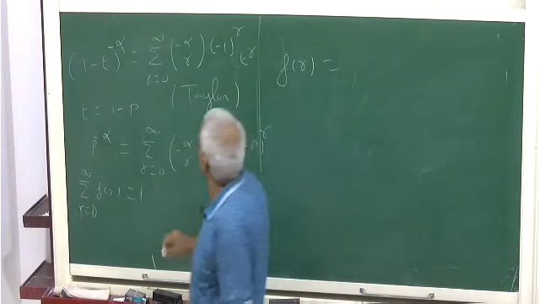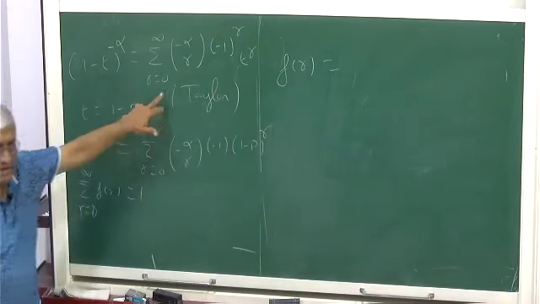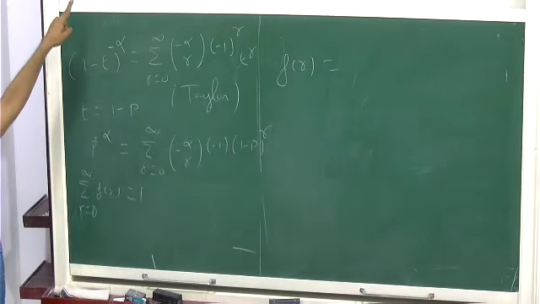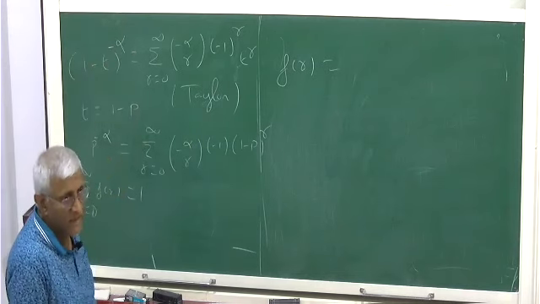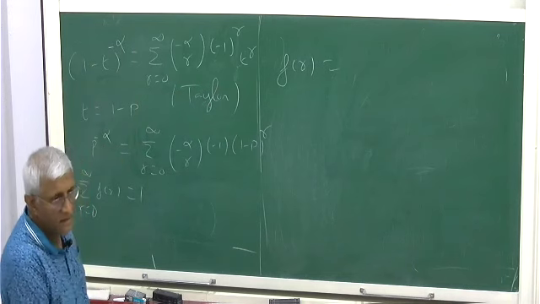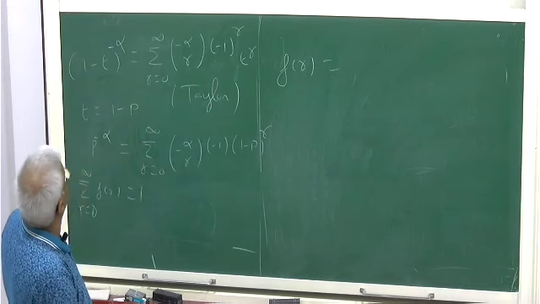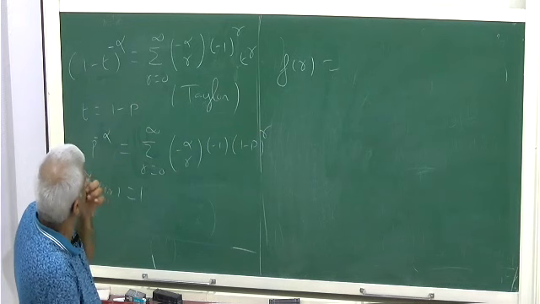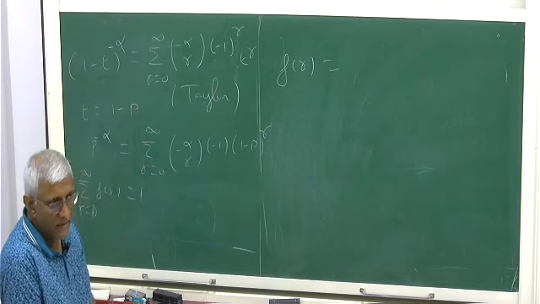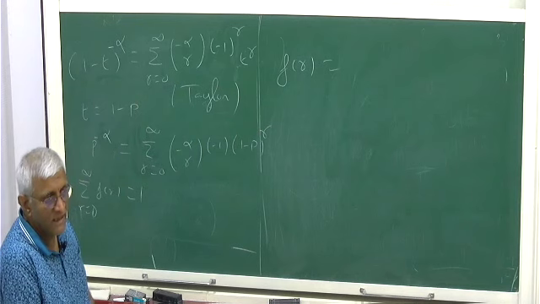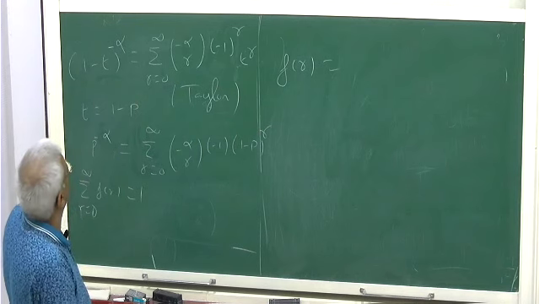Minus alpha, this is the formula for that. Minus alpha I started with. Yes, correct, it starts from minus alpha, then minus alpha minus 1. The first thing should be minus alpha.